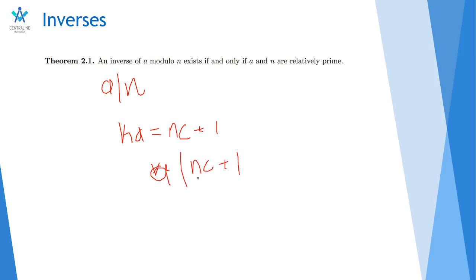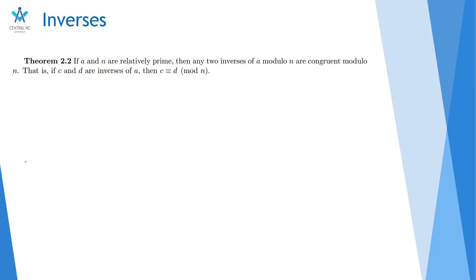Well, a divides into nc. So for this to hold true, a must divide into 1. And that is obviously not true for any a greater than 1 that divides into n. Thus, an inverse of a modulo n exists if and only if a and n are relatively prime. So let's move on.